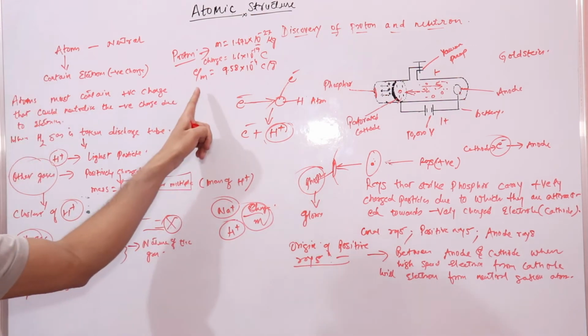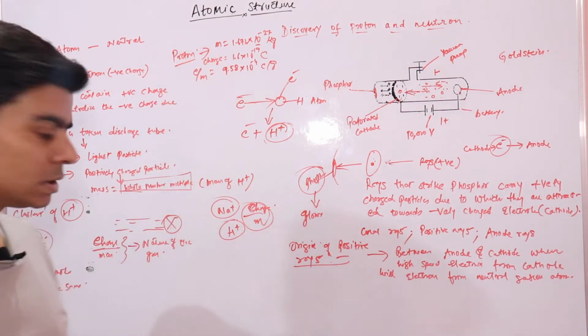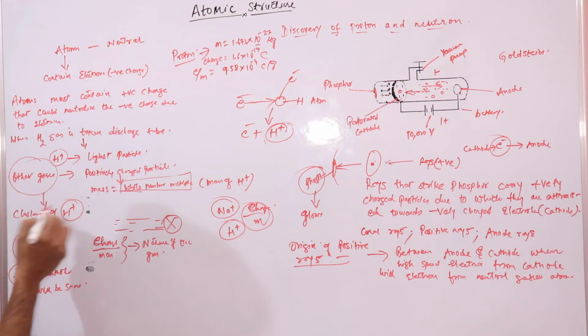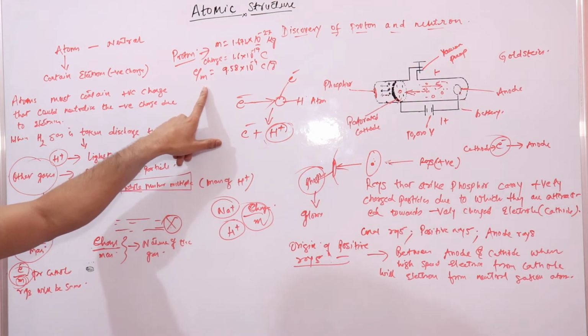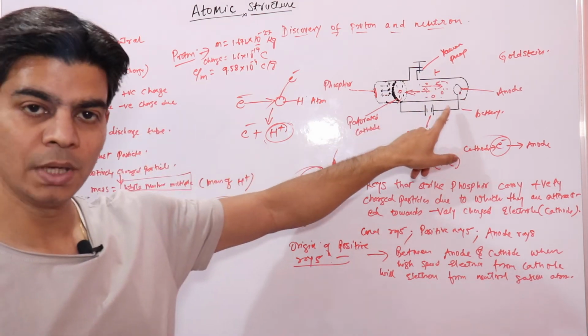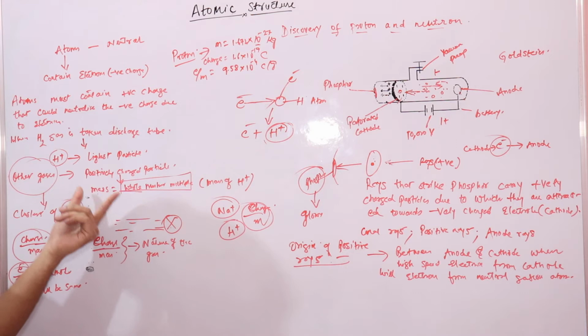The e/m ratio for the proton is the highest because we have understood that for hydrogen ions, the positively charged particles produced in the discharge tube, the mass was minimum.